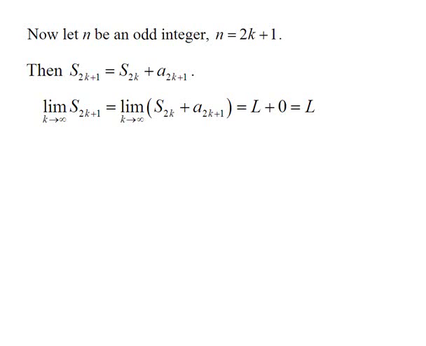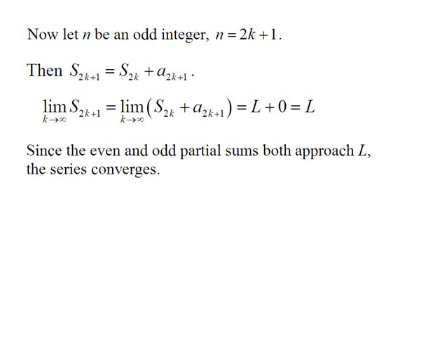We've already shown that s sub 2k approaches some real number L, and it's given that the limit of a sub n as n approaches infinity is 0. Thus, the limit of the partial sums with odd-numbered subscripts is also L. Since both the even and odd-numbered partial sums approach some finite value L, the series converges.